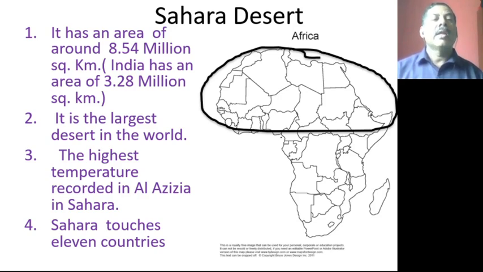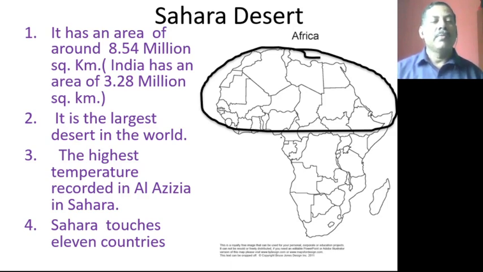It has an area of around 8.54 million square kilometers. You can compare with India. India has an area of 3.28 million square kilometers. So it is double, or 2.5 times the Indian area.